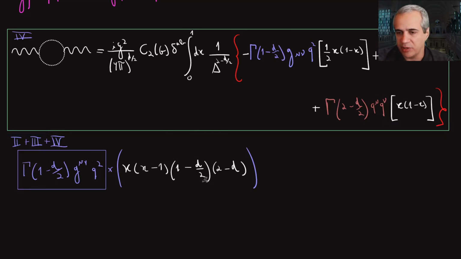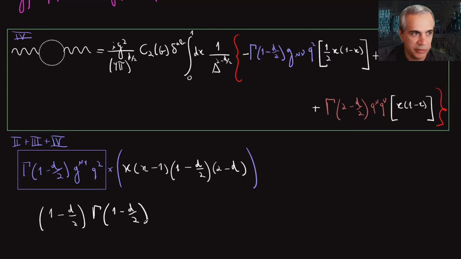And this is very important because, if you remember properties of gamma functions, we know that 1 minus d over 2 times the gamma of 1 minus d over 2 is gamma of 2 minus d over 2, which means that this structure is actually just the other one, the green one that does not appear here.